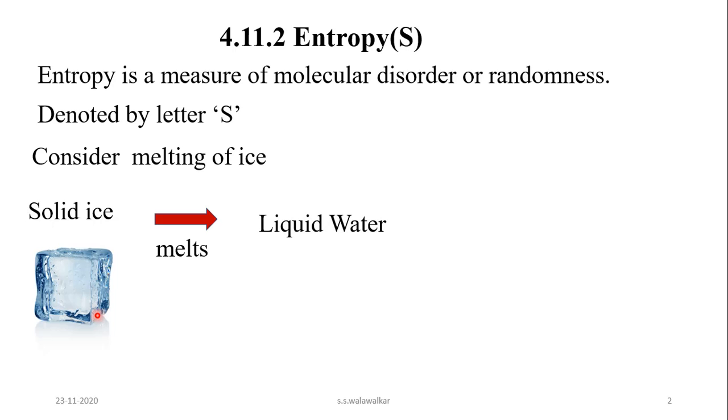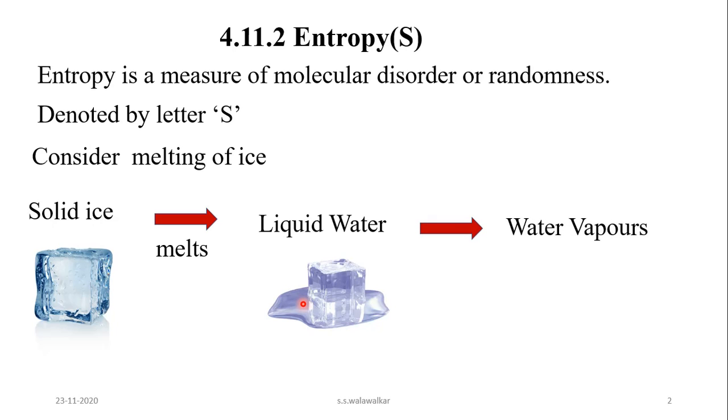In the liquid state, the definite ordered arrangement is disturbed. The bonding between water molecules breaks. And when the liquid is converted into water vapor, the water molecules can freely move in the available space. So randomness or molecular disorder is increased.